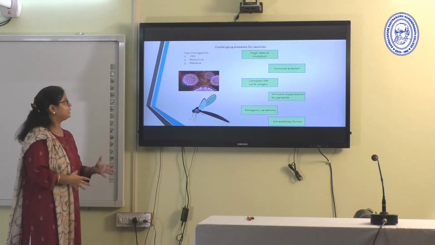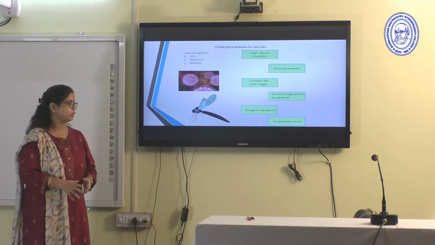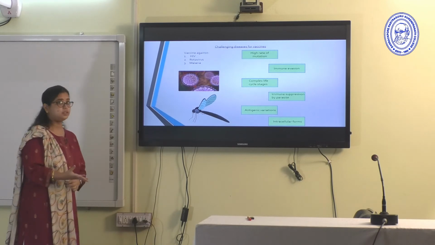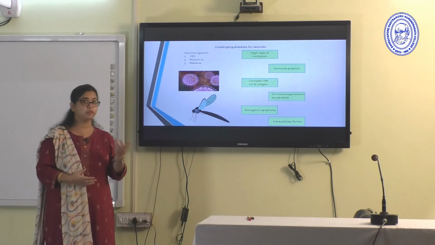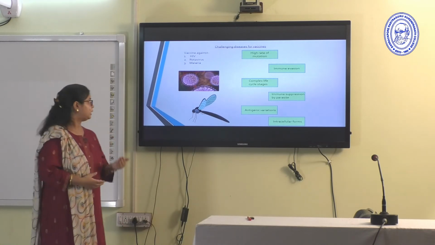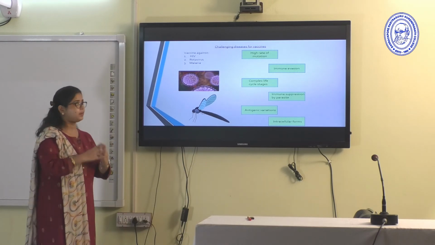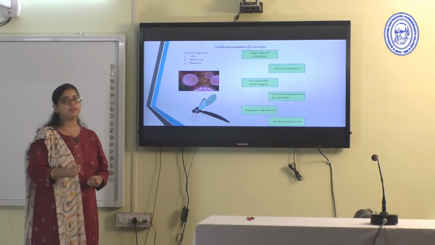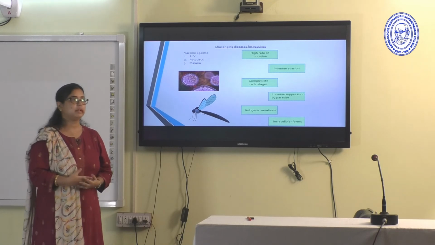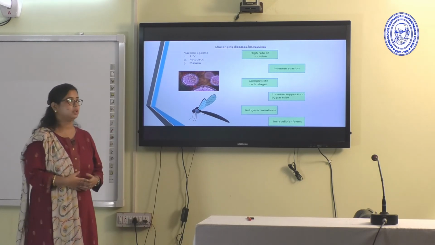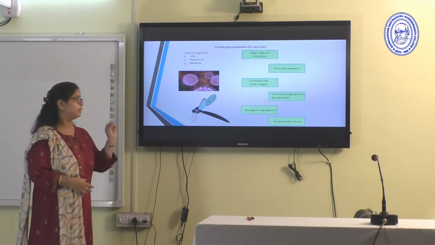There are certain challenges for which vaccines cannot be prepared totally, like HIV. There is no certain vaccine against HIV, because there is a high rate of mutation in the genes. Next is rotavirus. There are certain vaccines, but they are not fully effective. Malaria. In a year, thousands and lakhs of people die due to malarial infection, but there is no certain vaccine against it.